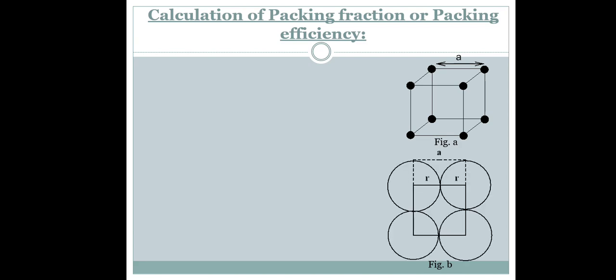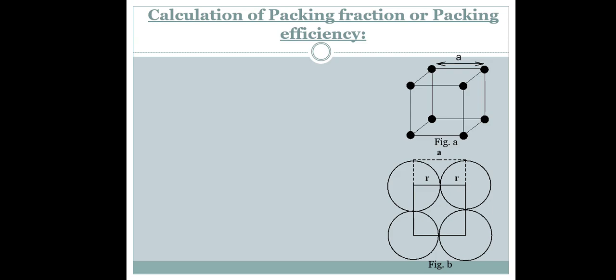Now, what do we know is the open structure is not the real representation of a unit cell. The dots we draw in an open structure are nothing but the centers of the particles which form that unit cell.